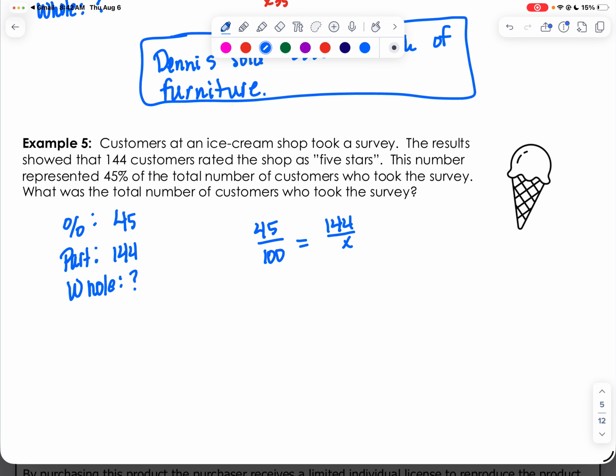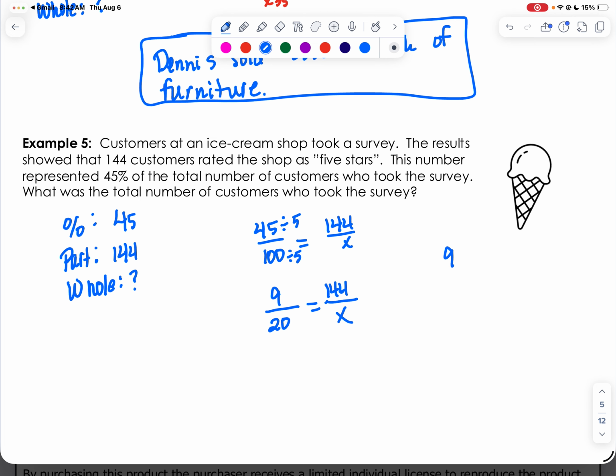Or I'm kind of wondering, because 45 over 100 will reduce. They both won't divide by 10, but they will both divide by 5. So what if I divided this by 5 and this by 5? That would give me 9 over 20 equals 144 over x. That gives me smaller numbers to work with.